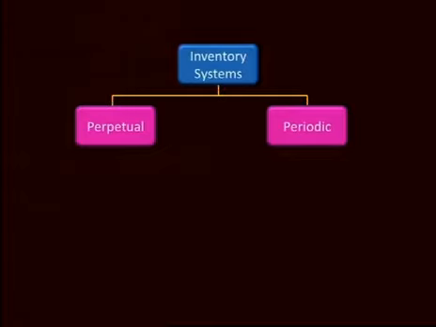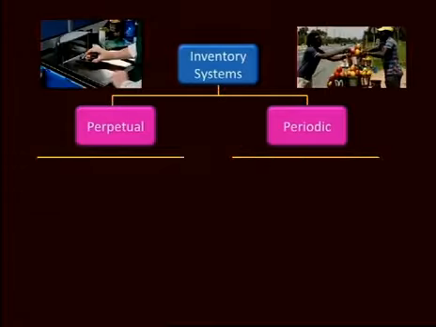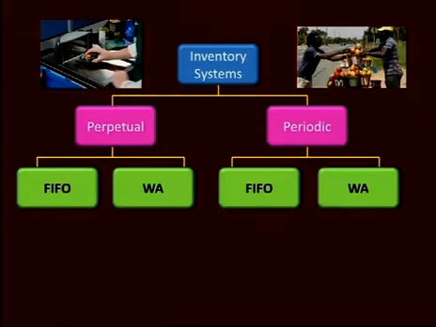Okay, now, it's important to remember, both systems will do a stock count at year end. Both systems, let's just go back to that slide again, slide 9. Perpetual, periodic, I've shown you what the differences are.